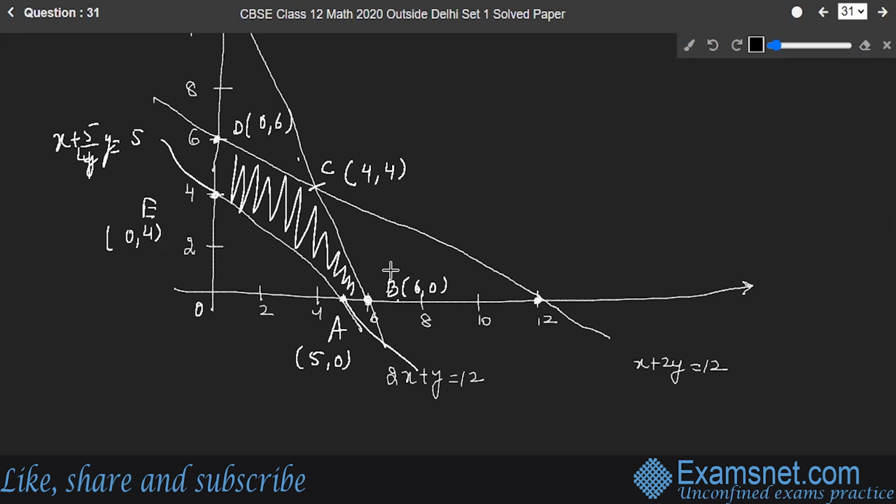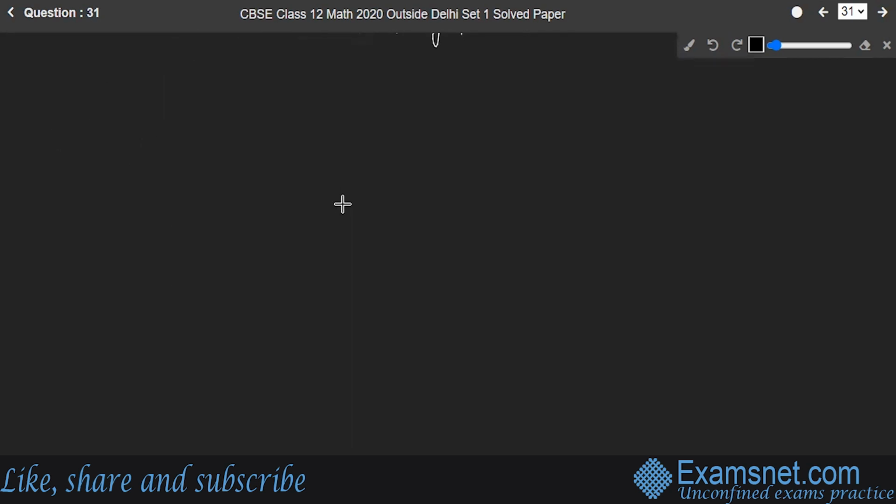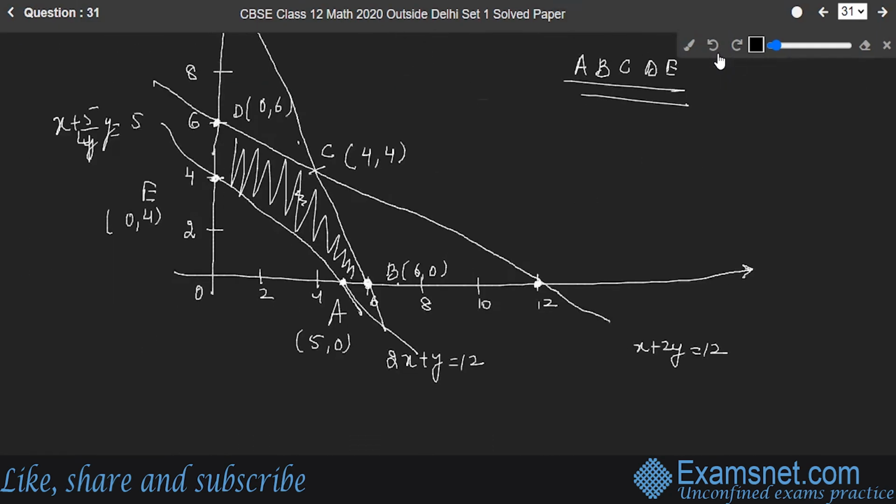Now let's get back to our question. What we had to find out, definitely we have to maximize the profit. So these are the 5 points, A, B, C, D, E. These are the 5 feasible region points and the shaded region is given over here. Let's see its maximum at which point.